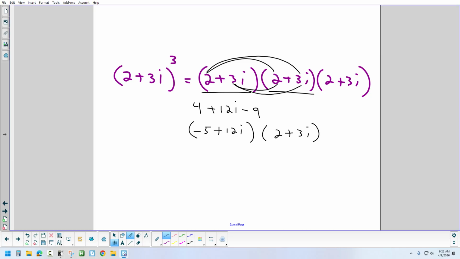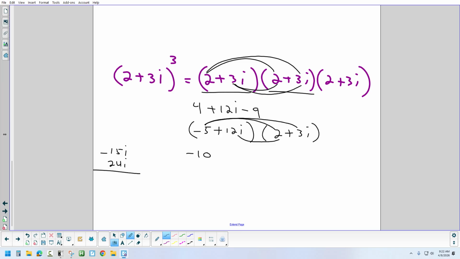But we still have one more 2 plus 3i to do, and that's the last one. Okay, so that's going to give me -10. What's -5 times 3i? Negative 15i. Okay, I'm just going to put that off to the side. How about 2 times 12i? 24i.